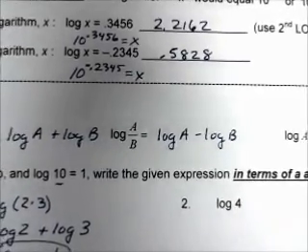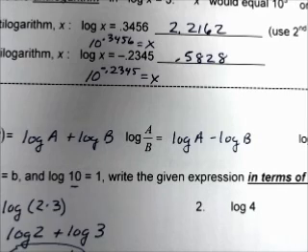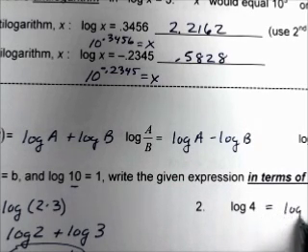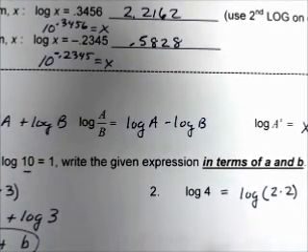Let's try number 2, log 4. Using 2, 3, and or 10, how can we come up with 4? Well, 4 is equivalent to 2 times 2. So let's write this as log of 2 times 2.